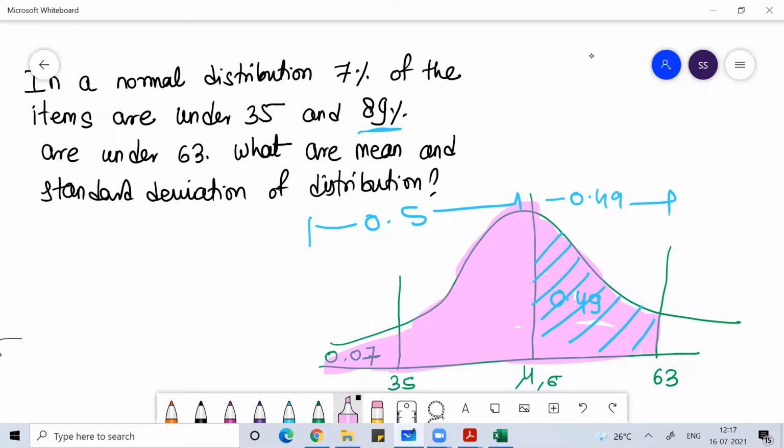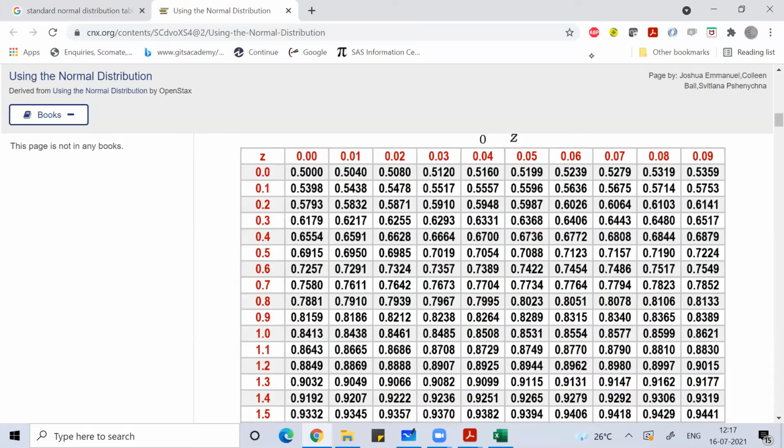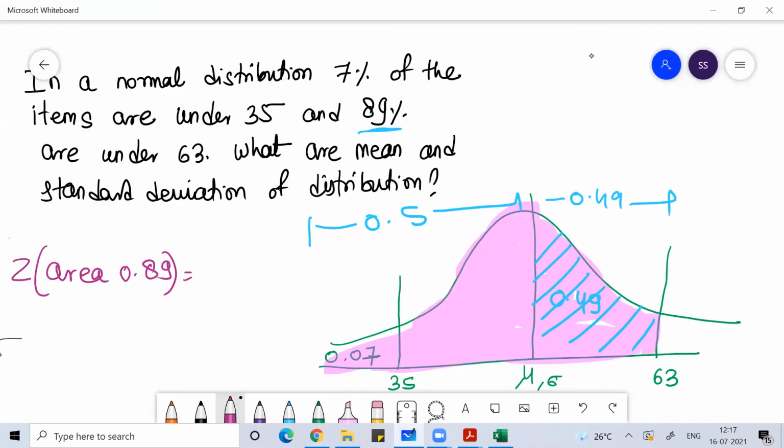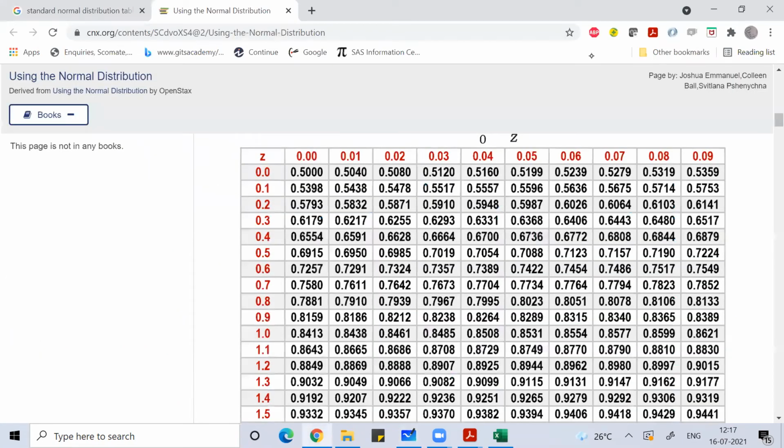So the Z value corresponding to the area 0.89 under this normal distribution curve is 1.23. You can take the value 1.23. Then we find the Z value corresponding to the area 0.07.